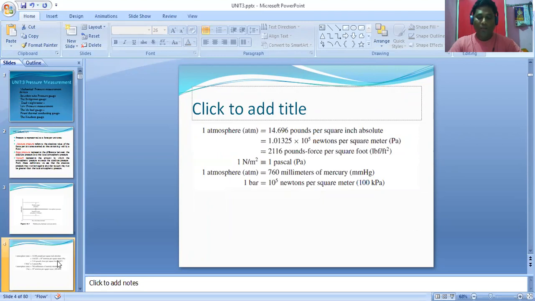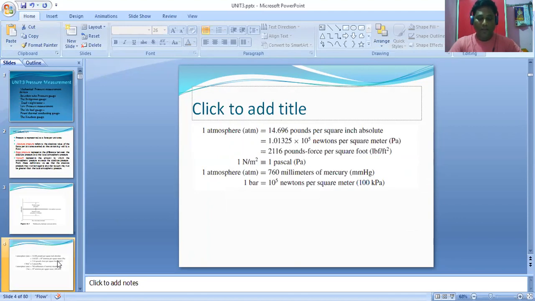The unit of pressure is usually expressed in pounds per square inch, that is absolute. Gauge pressure carrying the same unit is designated with the symbol psig. Sig means signal, or gauge.